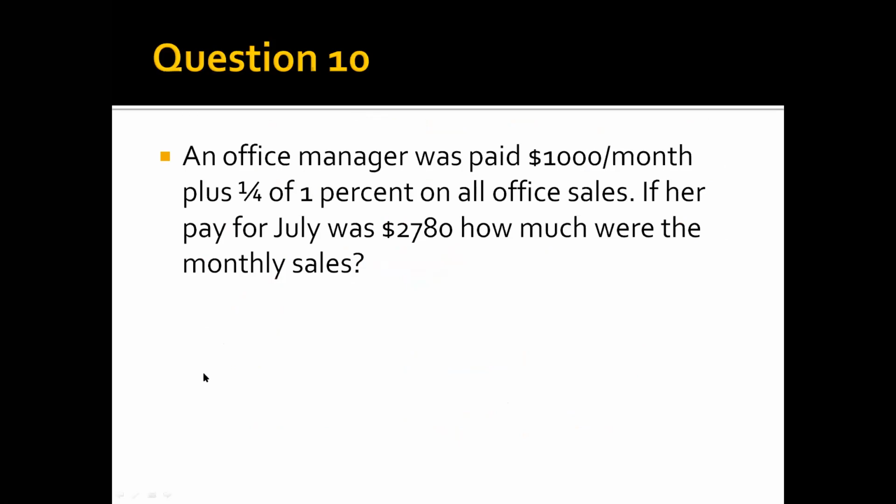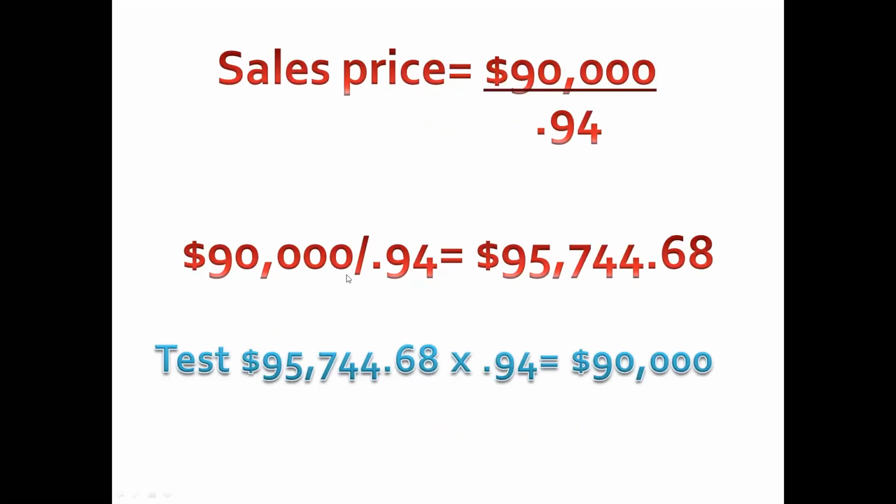The sales price is $90,000. The commission is 0.06. So what we have to do is divide by the additive inverse of the commission. The additive inverse of the commission is 0.06. And what plus 0.06 will equal 1? The answer is 0.94. So we divide it by 0.94.